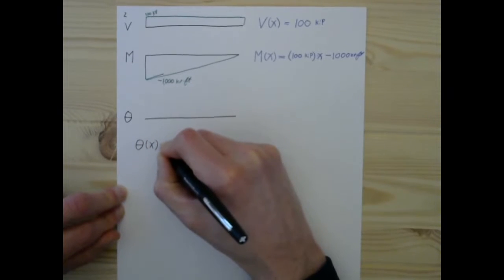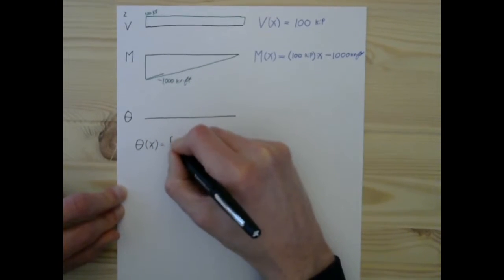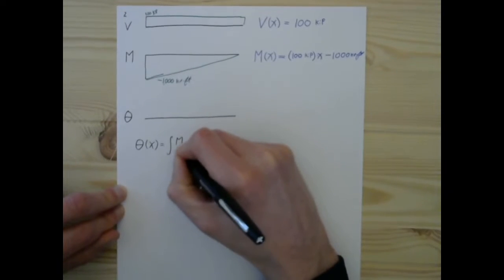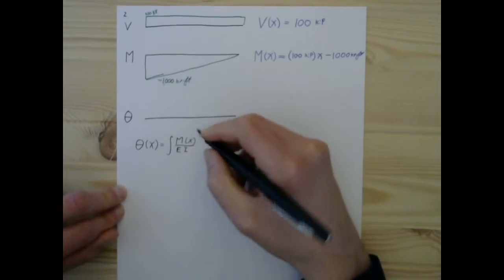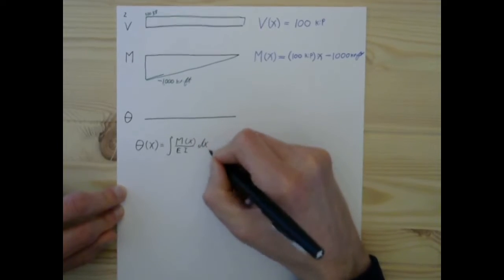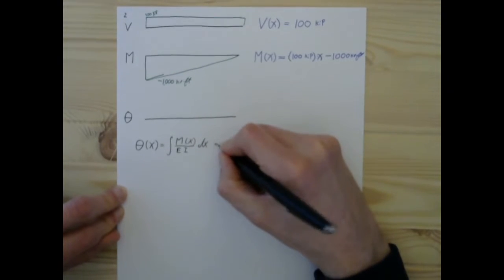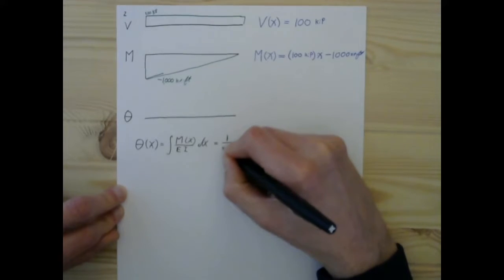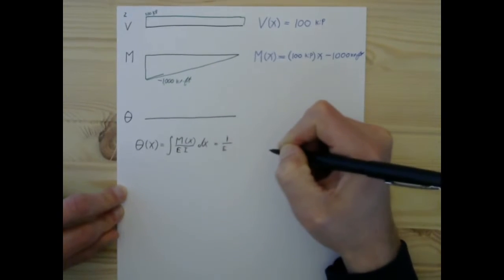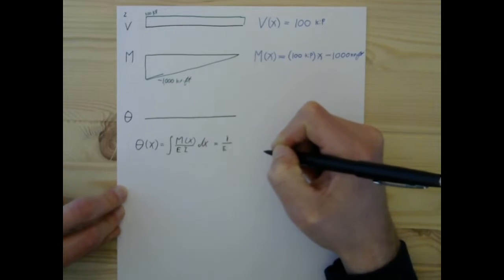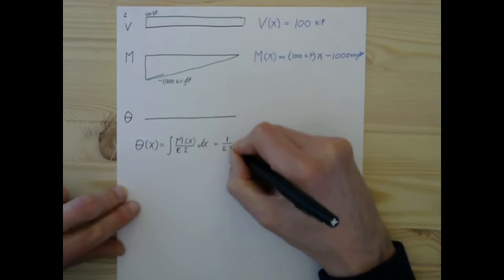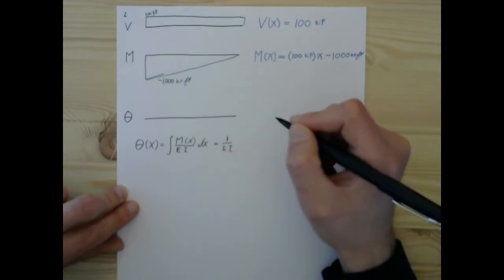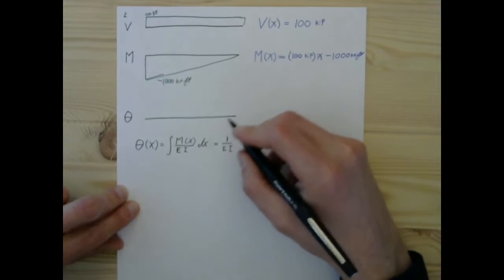The rotation is equal to the integral of the moment divided by the Young's modulus and the second moment of inertia with respect to x, which in this case is going to be, I'm going to go ahead and not write out 30,000 ksi and 2,000 quartic inches. I'm just going to write them as E and I, and we'll remember what they are.